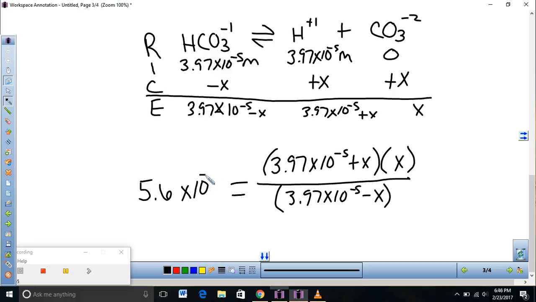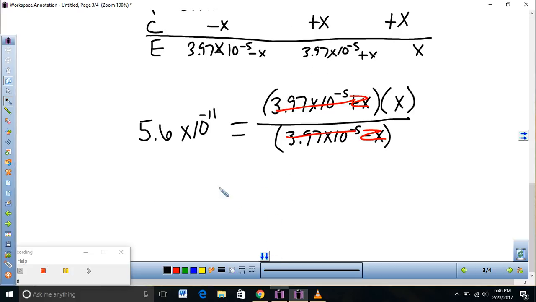Well, a second ago, this was to the negative 7th, and I could mark through my minus x. This has now gotten a lot even smaller, so I can get rid of this minus x here. I can also get rid of this plus x. And now you'll see the top and the bottom are the same, those are going to cancel, so our x magically equals our Ka2.